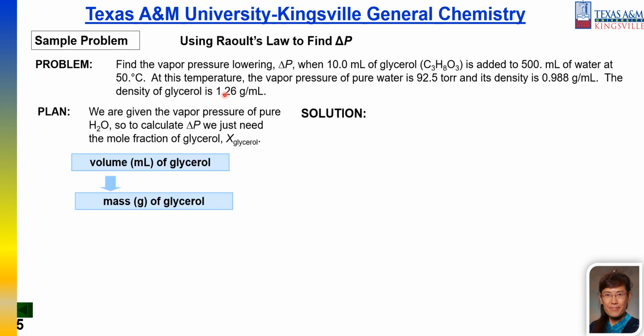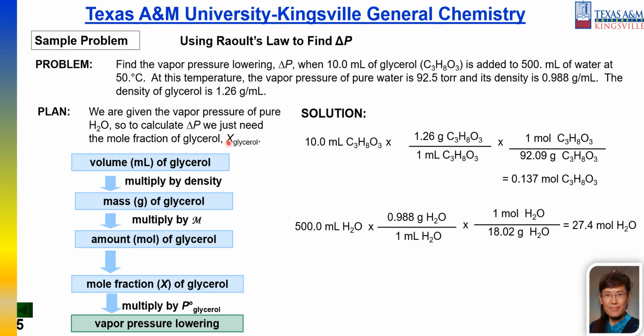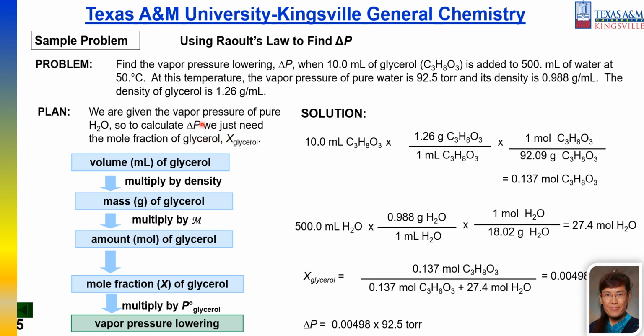What's our solution? First of all, you are going to determine the mole fraction of your glycerol and the mole fraction of your water, and then you simply use Raoult's law. Before you determine the mole fraction, you need to know the grams of water and the grams of glycerol.